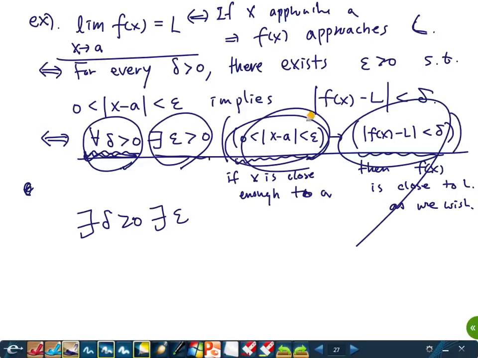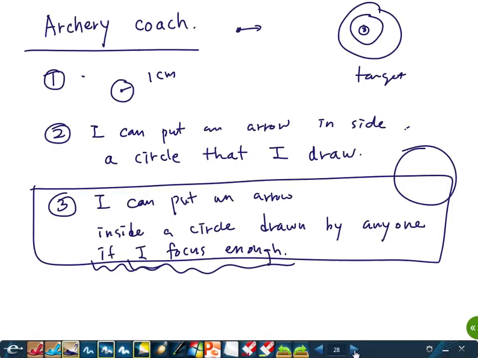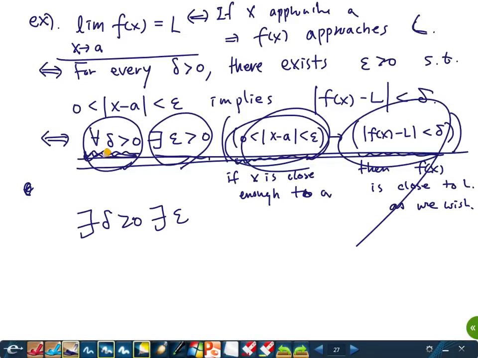In this way, this is very precise. You can really do mathematics in analysis using this. Okay. So this is one example where nested quantifiers are used in real math or in real life.